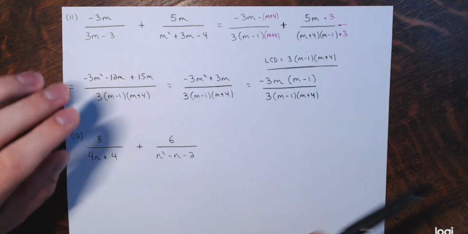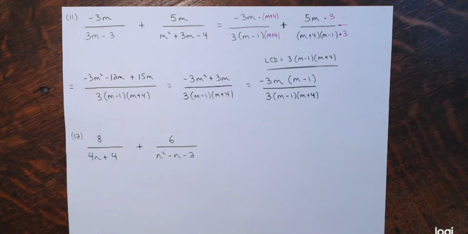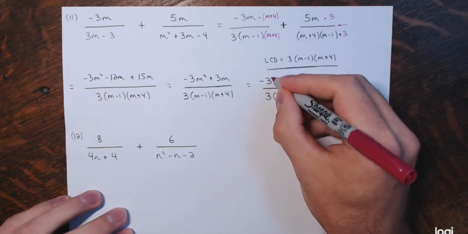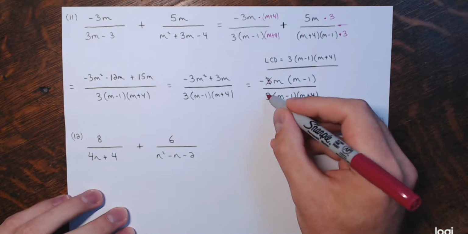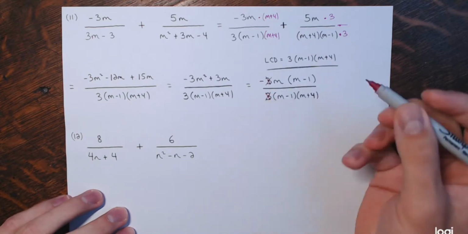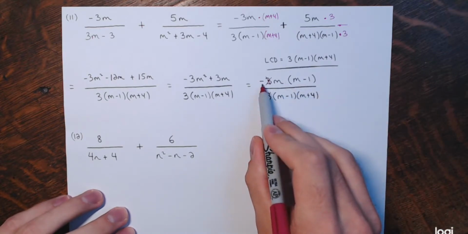And now look, finally. This is the first example we've come across in this video where the numerator and denominator had common factors. There's a factor of 3 in the numerator and denominator, so I'll cross those out, leaving me with negative 1 in the numerator.